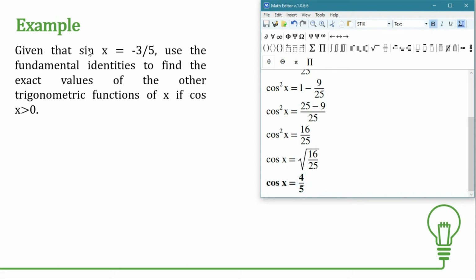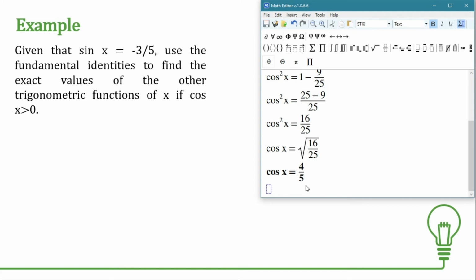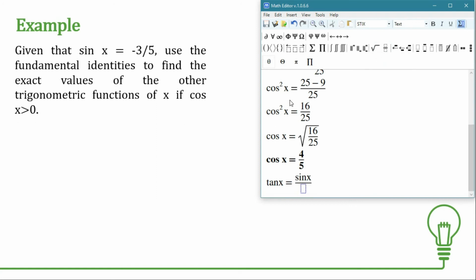So, we are given already with the sine, the cosine. Hanapin naman natin yung tangent. Alright? Using the fundamental identity, sabi natin si tangent function, sige, si tangent x, kasi x yung variable na ginamit natin dito, can be represented as the ratio of sine x over the cosine x. Alright?